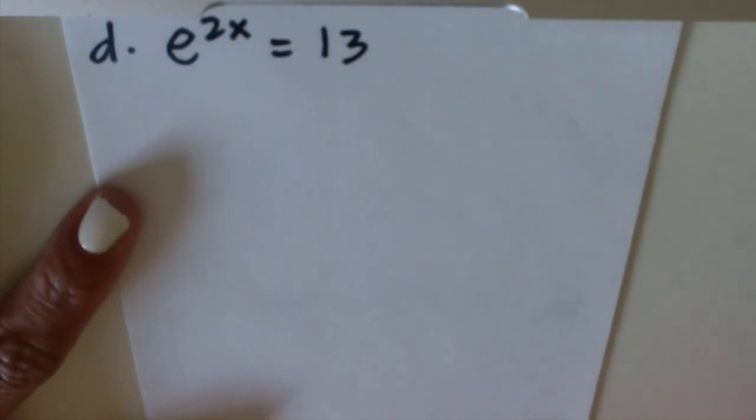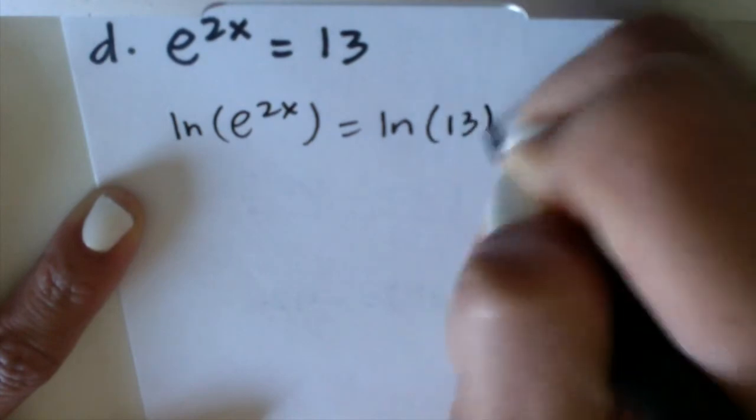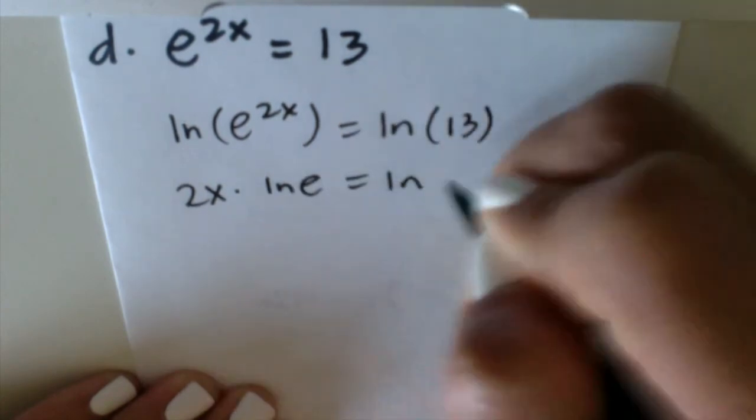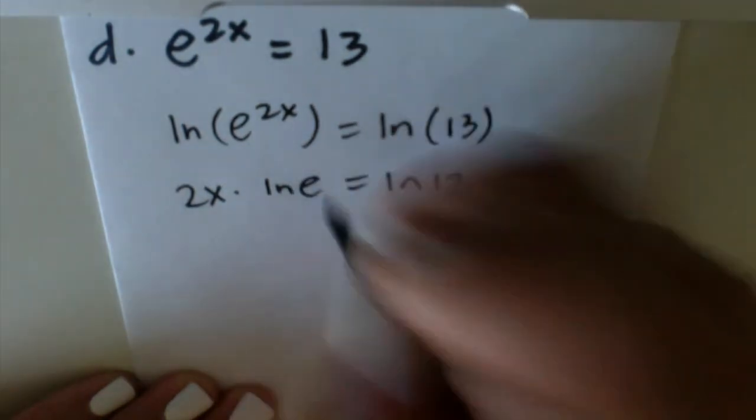This example says e to the 2x equals 13. So there's nothing to get rid of around the e, so we're just going to take the natural log of both sides. We can move the power to the front. ln of e is 1.